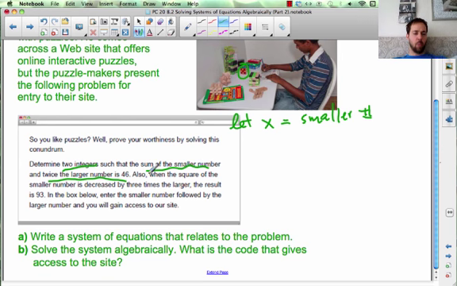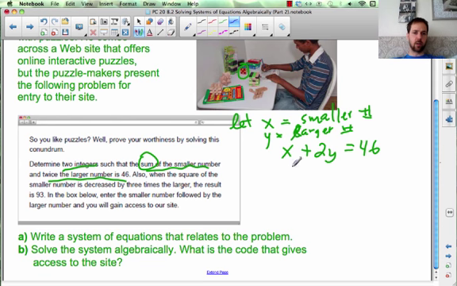The sum, that means we're going to be adding something, of the smaller number, that's x, and twice the larger number is 46. Okay, so let y equal larger number. So twice the larger number would be 2y, and their sum is 46. So that's equation number 1.